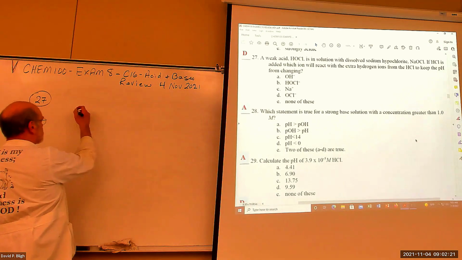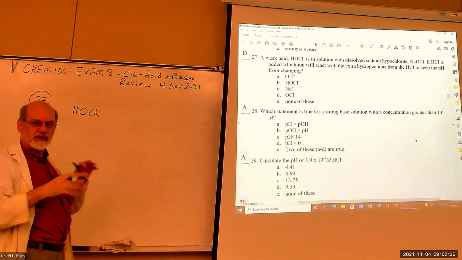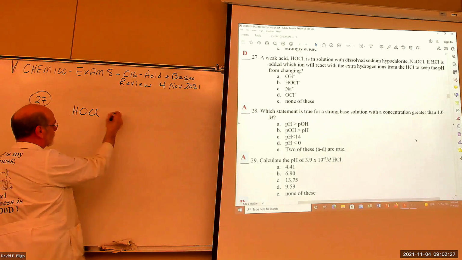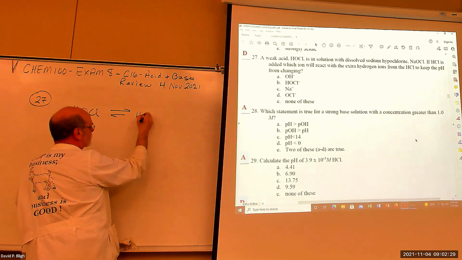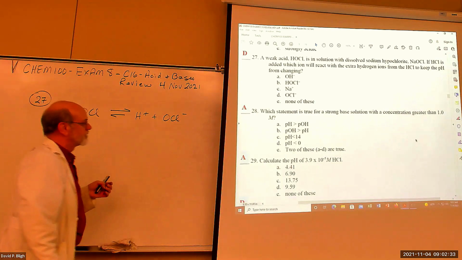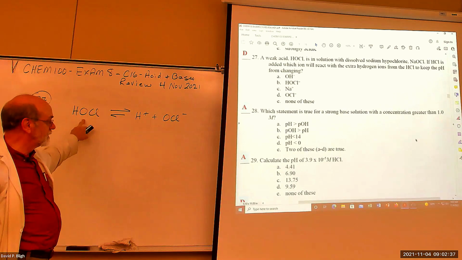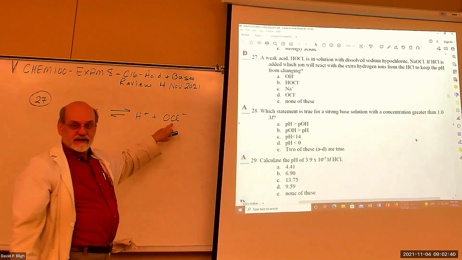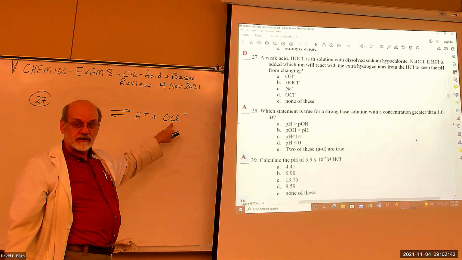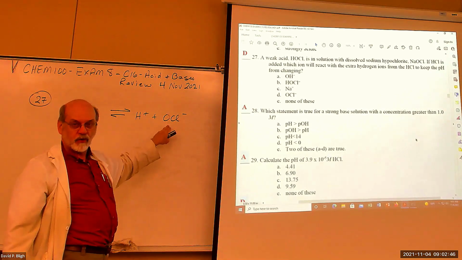So the reaction we're interested in is this one. Now I'm going to use the abbreviated form this time. This is the hypochlorous acid, the weak acid. This is added to the solution as the salt of the hypochlorite ion.